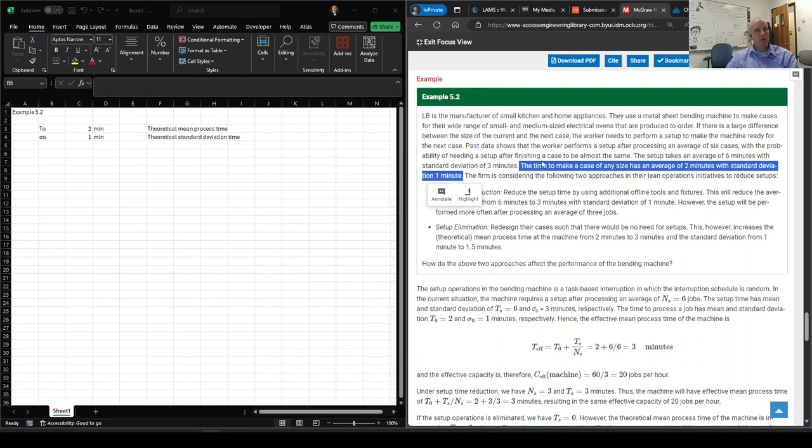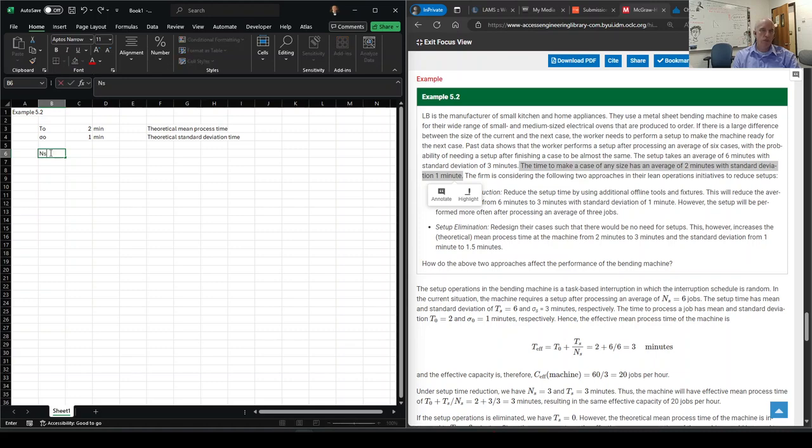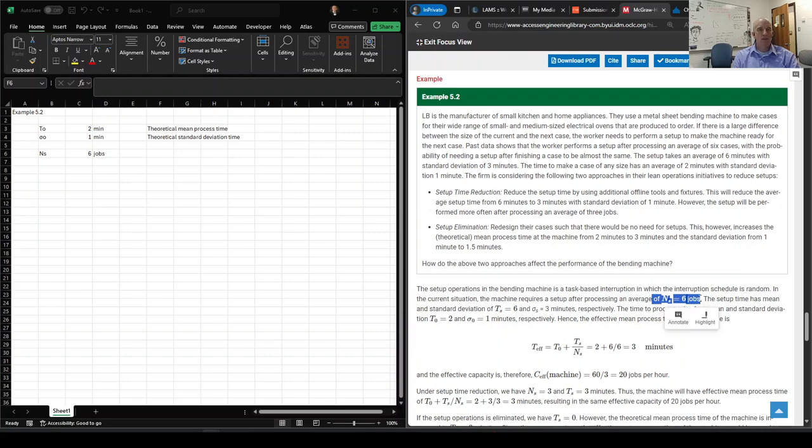We also know that on average it takes about 6 jobs between setups. So our N here is the number of jobs, about 6 jobs. And then we also know what the setup time is and the standard deviation of that setup time. So let's put that in here as well.